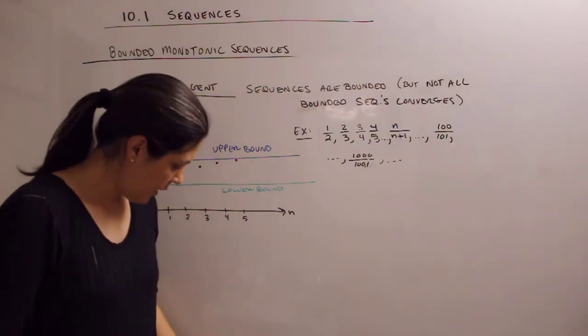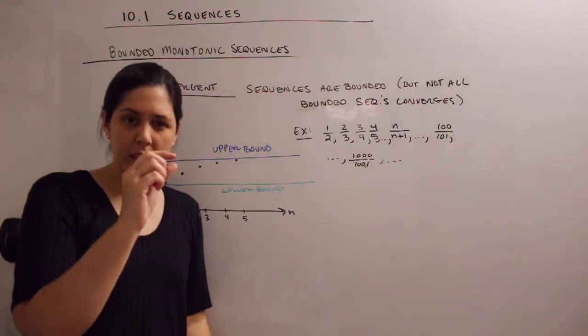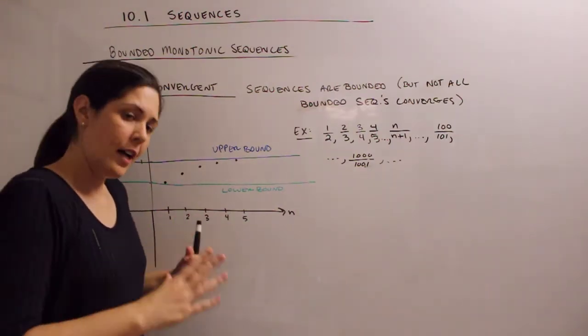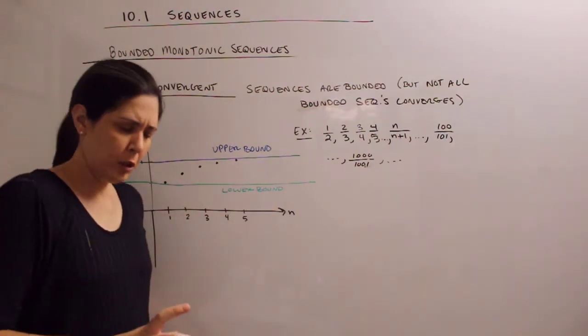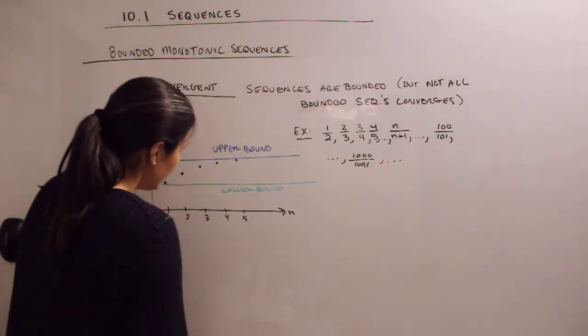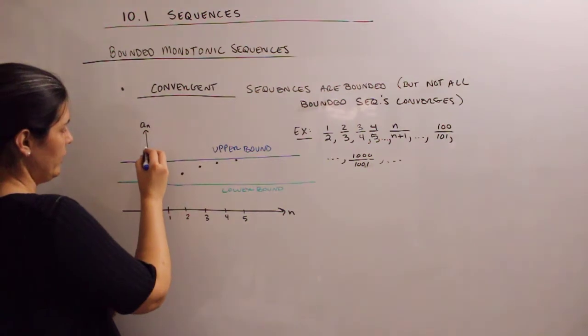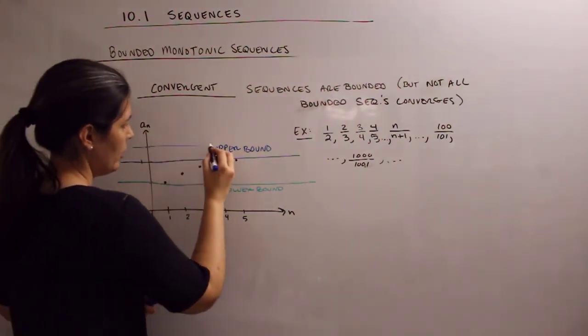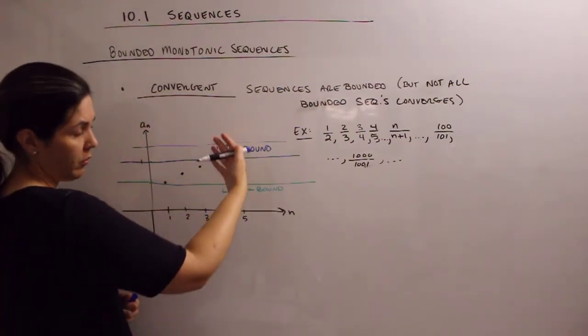Now there is something a little bit more detailed that I want to mention. You have lots of lower bounds and lots of upper bounds, so you want to be a little bit more specific here. I could say that this is also an upper bound. Let's move up. Let's say 1.5. This is also an upper bound. It's higher than my sequence.